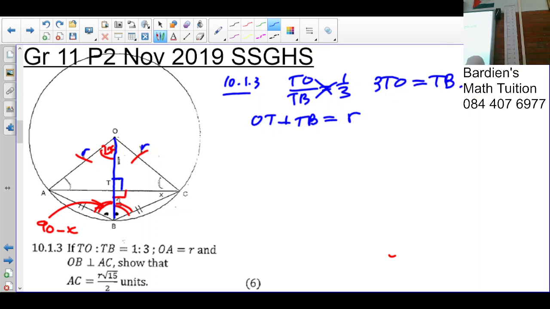What I'm interested in is OT. Why am I interested in OT? Because I want to set up the theorem of Pythagoras. So OT is equal to a third of TB. So that's in terms of TB, OT, TB.